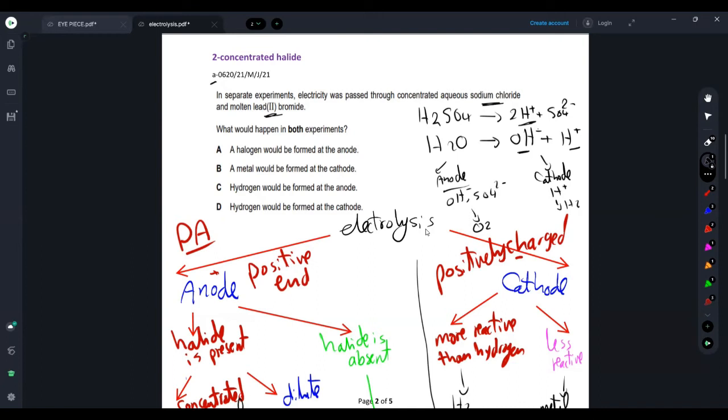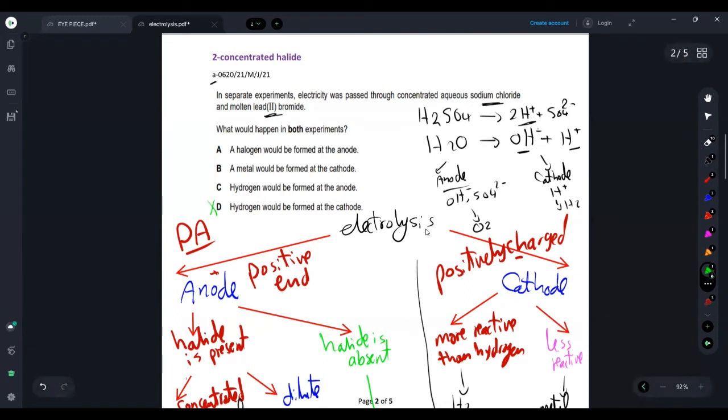Back again, we go for each option one by one. Starting from D, hydrogen would be formed at the cathode in both of them. Is it true or false? Of course, false, because in case of molten lead bromide, we don't have hydrogen. So D is out.